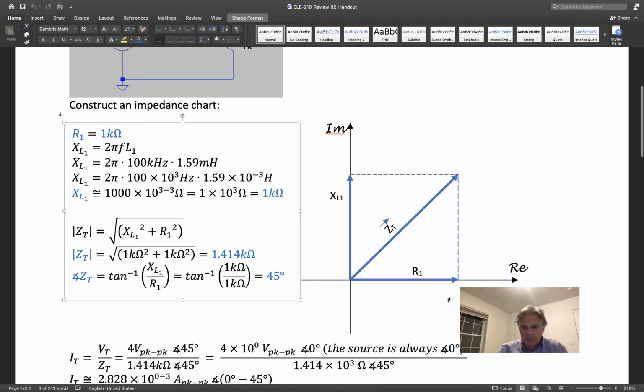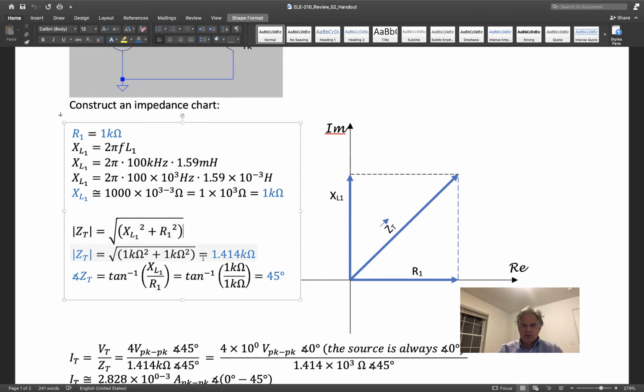So now, if you look at our impedance chart, we have R1 over here. That's 1,000 ohms. XL1 here is also 1,000 ohms. So we got essentially a square, and our total impedance here, ZT, will be the diagonal of that square.